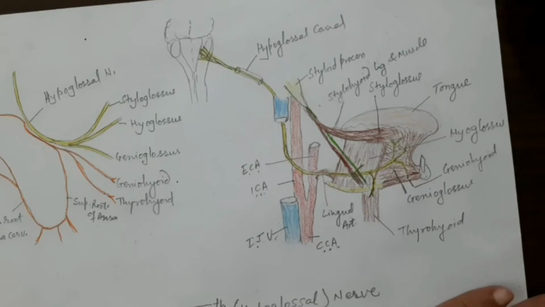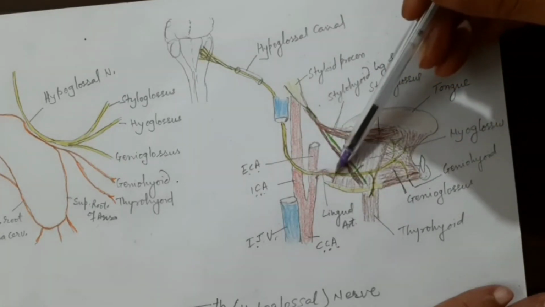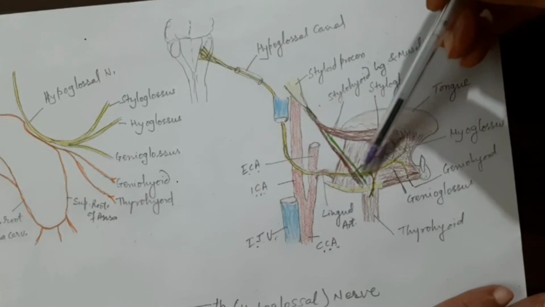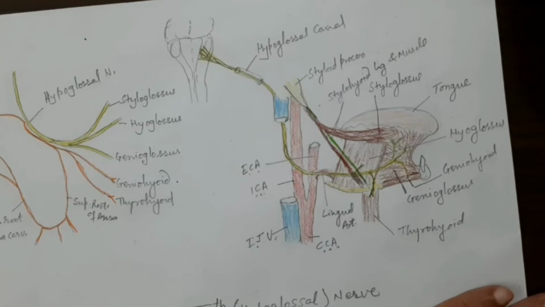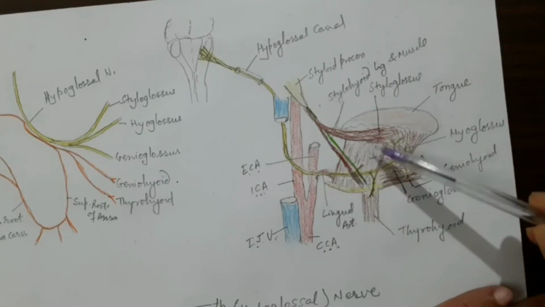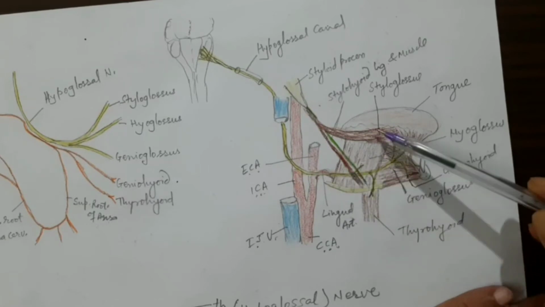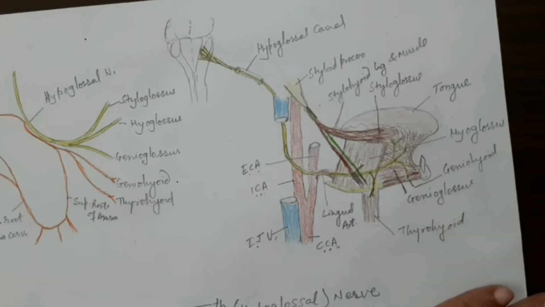After crossing this loop, the nerve will lie superficial to the hyoglossus muscle. You can see this taking origin from the hyoid bone, greater cornu and body. This is the hyoglossus muscle, which is going towards the lateral border of the tongue, deep to the styloglossus muscle.